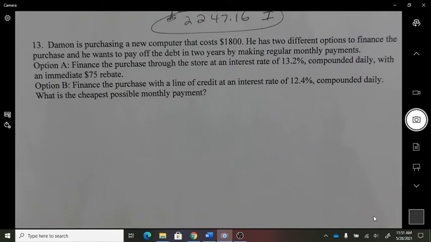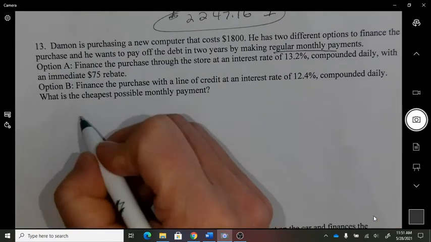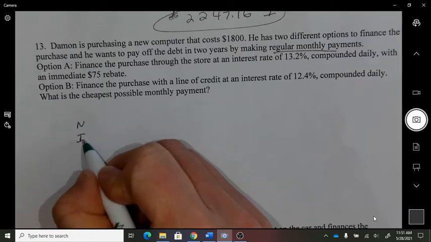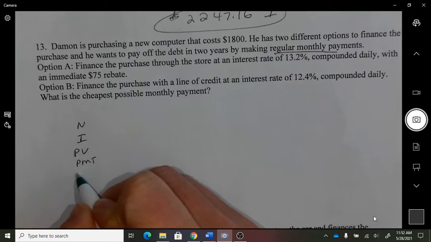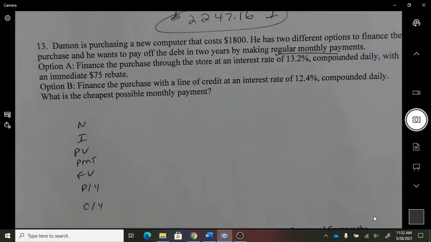Okay, Damon's purchasing a new computer, $1,800, 2 options here. I heard regular monthly payments, so there's my regular payment app.